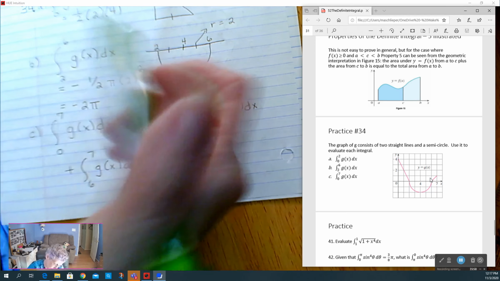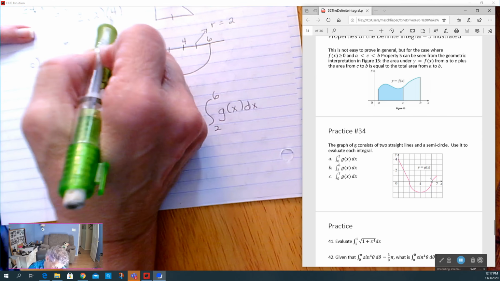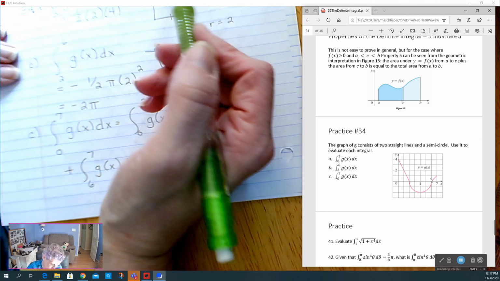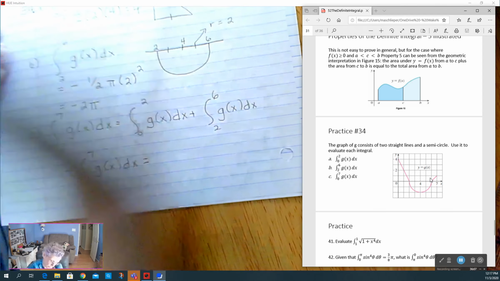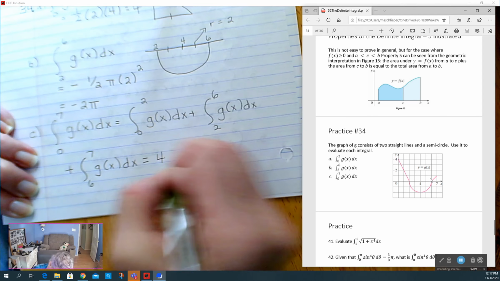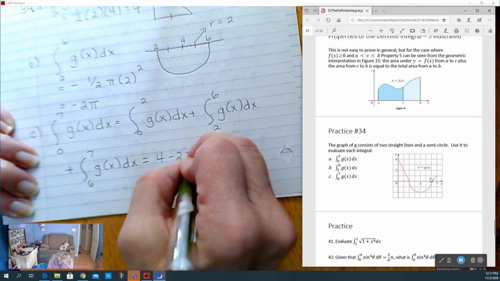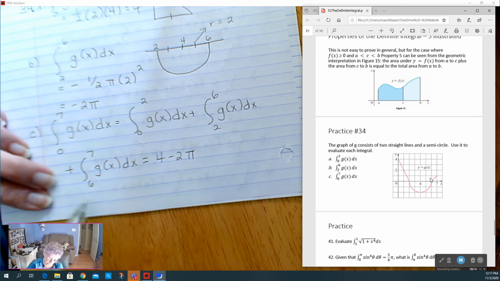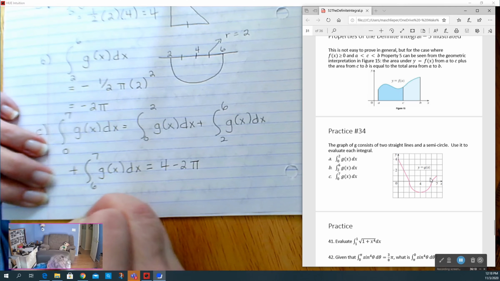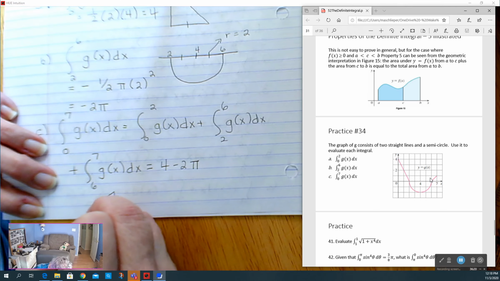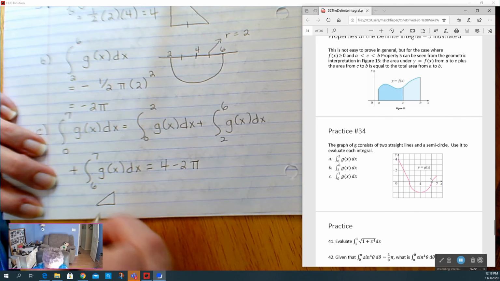It is, I never wrote down the answer, 1/2 times 2 times 4 is 4. 4 minus 2 pi. And then the integral from 6 to 7 is just that tiny little triangle.